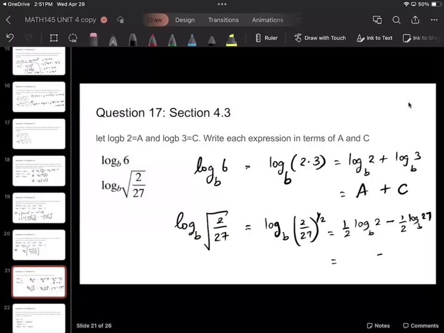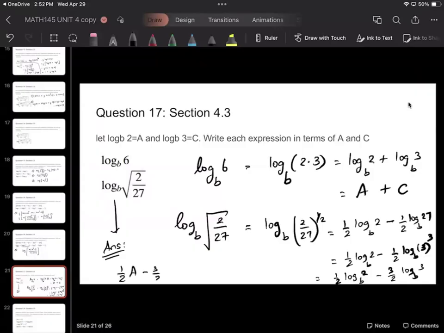I'll just leave it like this for now, but rewrite this 27 as 3 cubed. So this is 1/2 log 2 minus 3/2 log 3, right? Because the power becomes the coefficient, okay? So the final answer for this would be 1/2 a minus 3/2 c, okay?